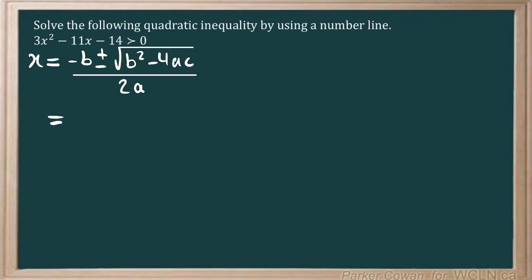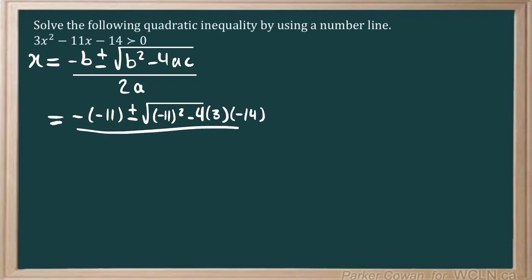We have negative 11 plus or minus, and then b squared is going to be negative 11 squared minus 4 times 3 times negative 14, all over 2 times 3.